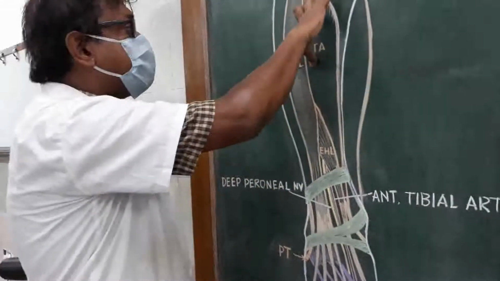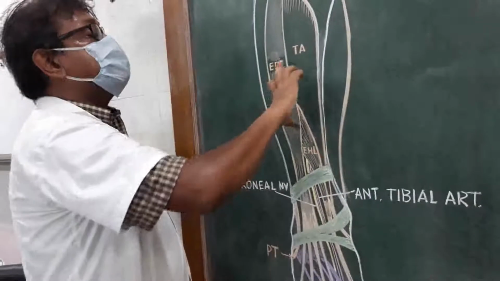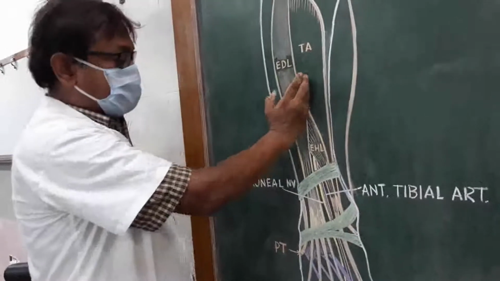In the upper third and lower third of the leg, the nerve lies lateral to the artery, whereas in the middle third, this nerve comes in front of the anterior tibial artery.